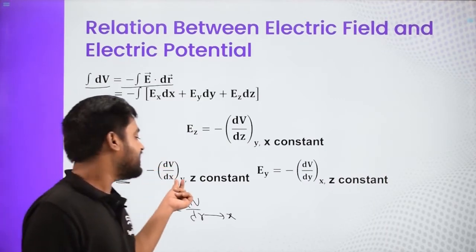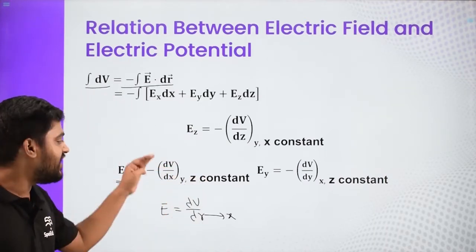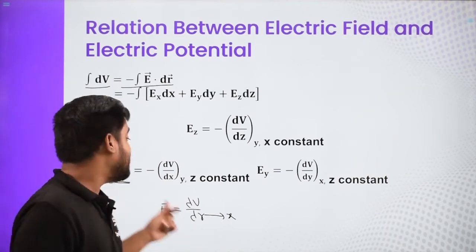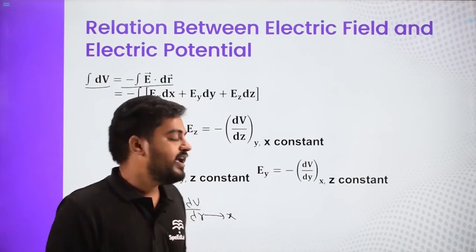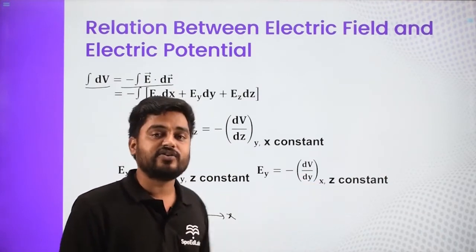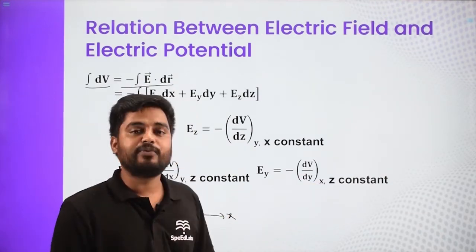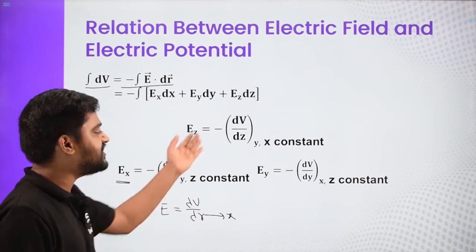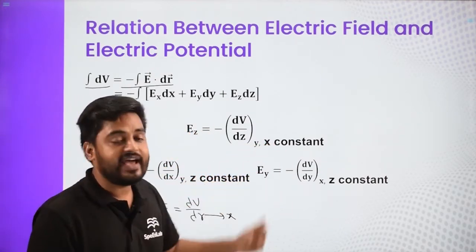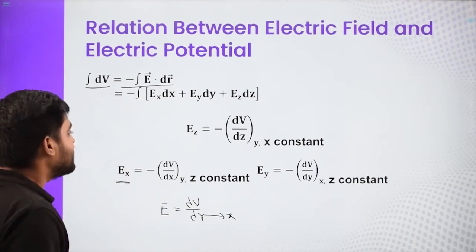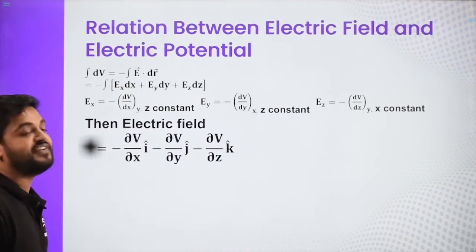Similarly, if we differentiate with respect to y, assuming x and z to be constant, we get the y component. To get the z component, we differentiate with z, negative of the potential gradient, and y and x can be assumed constant. This is known as partial differentiation.